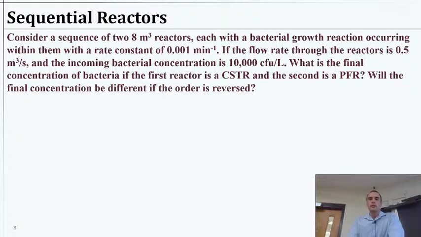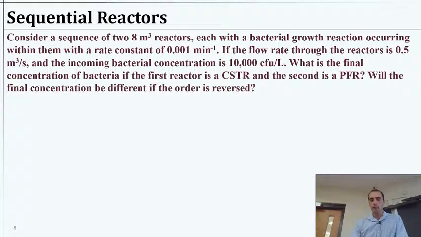If the flow rate through the reactors is half a cubic meter per second, the incoming bacteria concentration is 10,000 CFU per liter. That stands for colony forming units. We'll talk more about that later. Just some unit number concentration. What is the final concentration of bacteria if the first reactor is a CSTR and the second is a plug flow reactor? And the question continues to say, will the final concentration be different if the order is reversed?